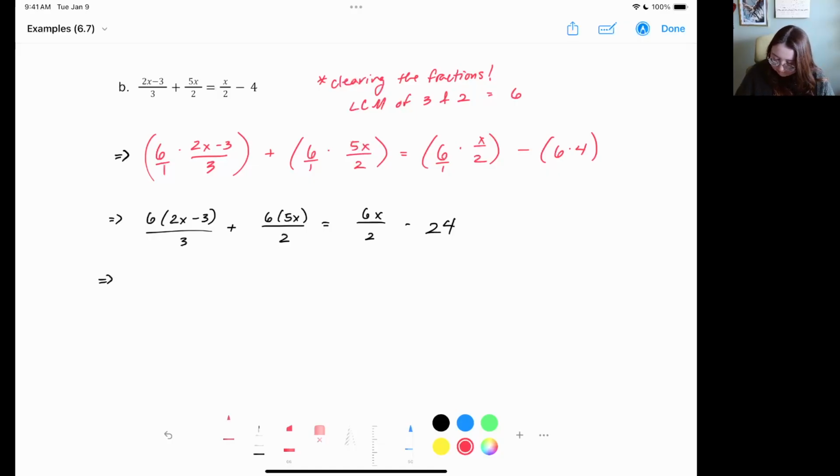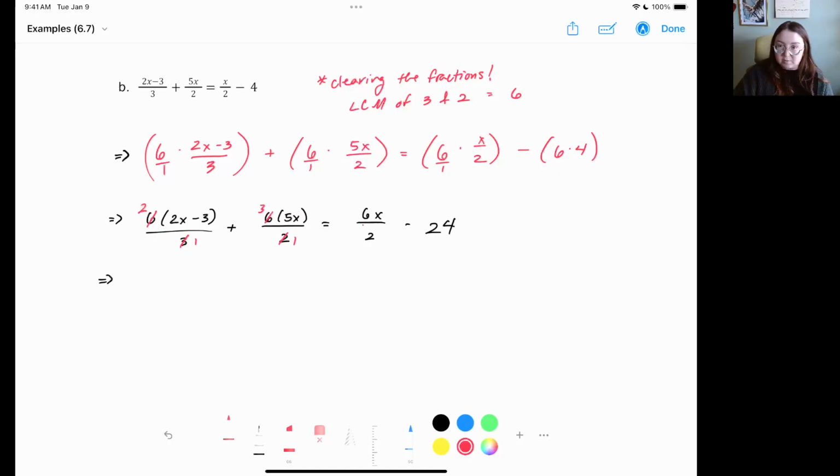So then we simplify as much as we can. With 6 divided by 3, we see here that we have our coefficient and our denominator, so we can divide those numbers out. If we divide 6 by 3, that leaves a 2, and 3 divided by 3 is a 1. Then we do the same thing for 6 and 2 here: 6 divided by 2 is 3, and 2 divided by 2 is 1.